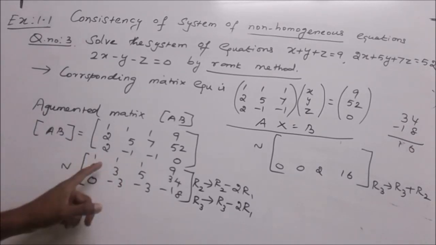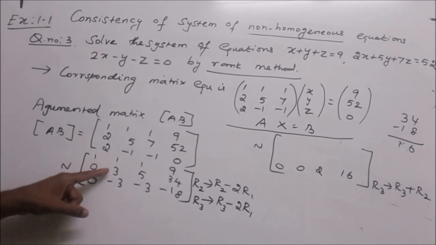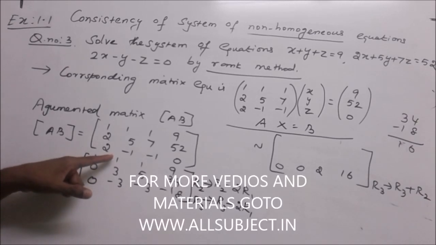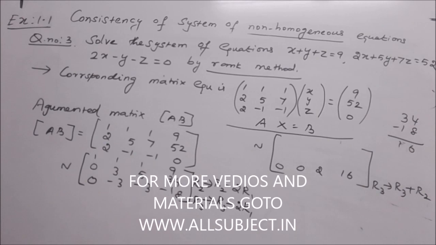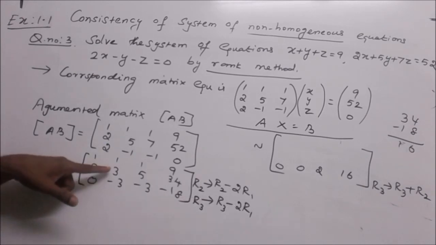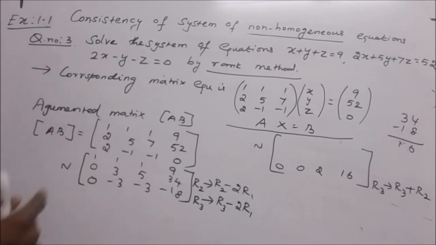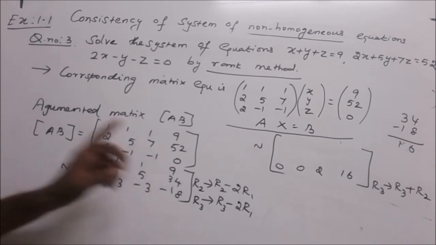Our next move is to make this 3 a 0. Listen, if we try to make this 3 a 0, we should multiply row 1 by 3 and subtract from R2. If it happens, this 3 becomes 0, but this 0 becomes minus 3, because while multiplying, R1 changes to 3, 3, 3 and 27.